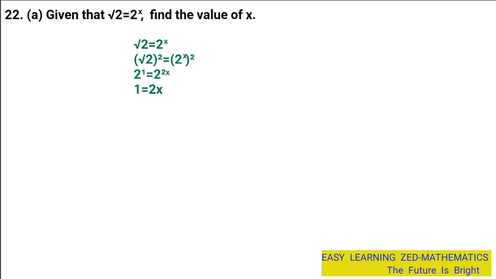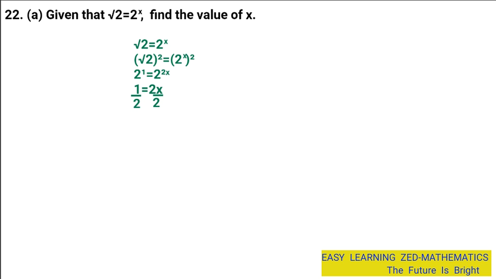So now I'm going to divide both sides by 2. Why? Because I want to remain with x on one side of the equal sign. Okay, so divide by 2 and divide by 2 this side. Now, 1 divided by 2 will either give us a decimal number, which is 0.5, but I want to maintain the answer as a fraction, so I'm going to write the fraction 1 over 2.